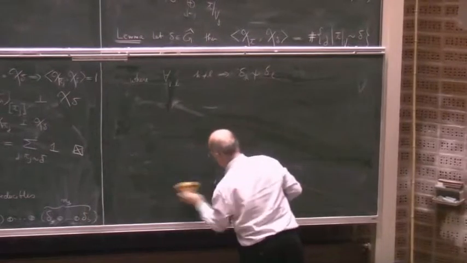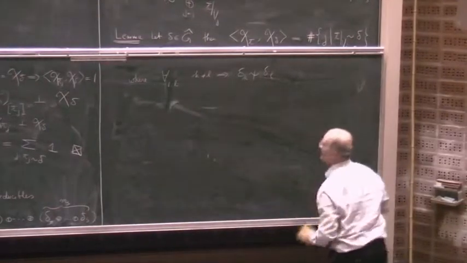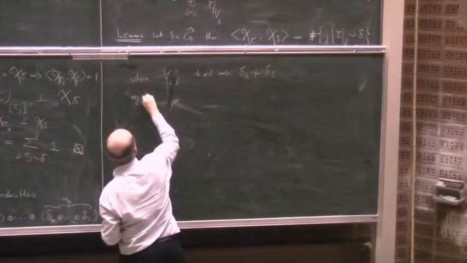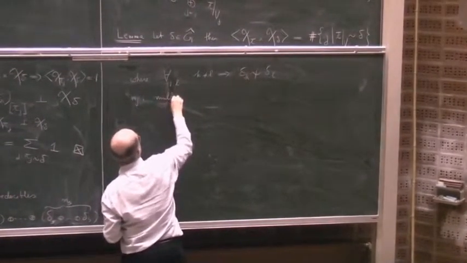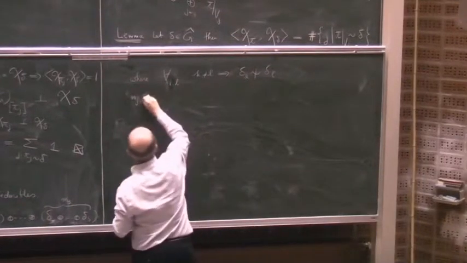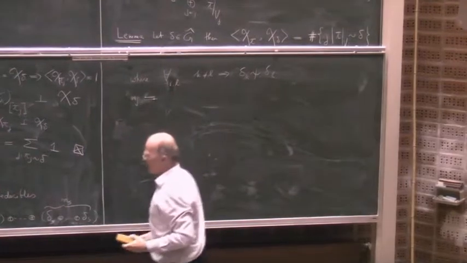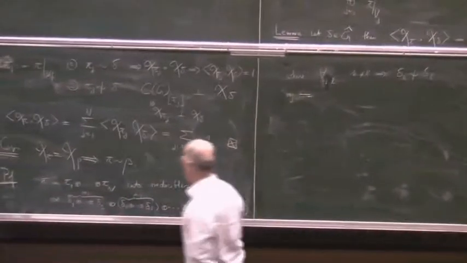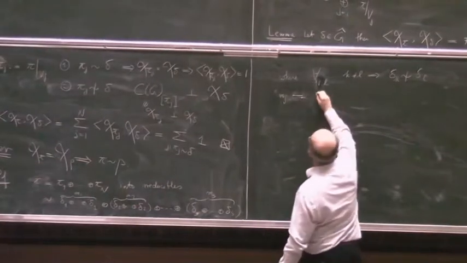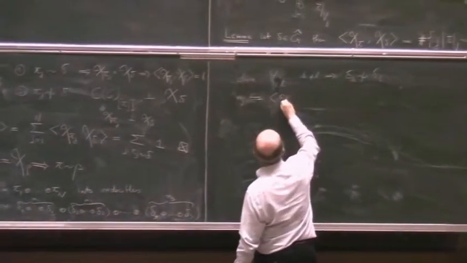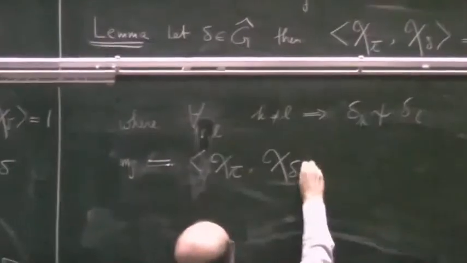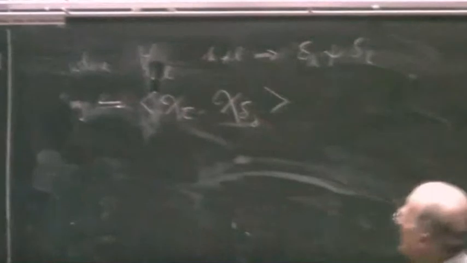Now we can calculate these numbers. The number Mj is called the multiplicity. Well, actually, let's first write down the calculation. Mj can be calculated by taking the inner product of the character of pi with the character of delta j. Right?